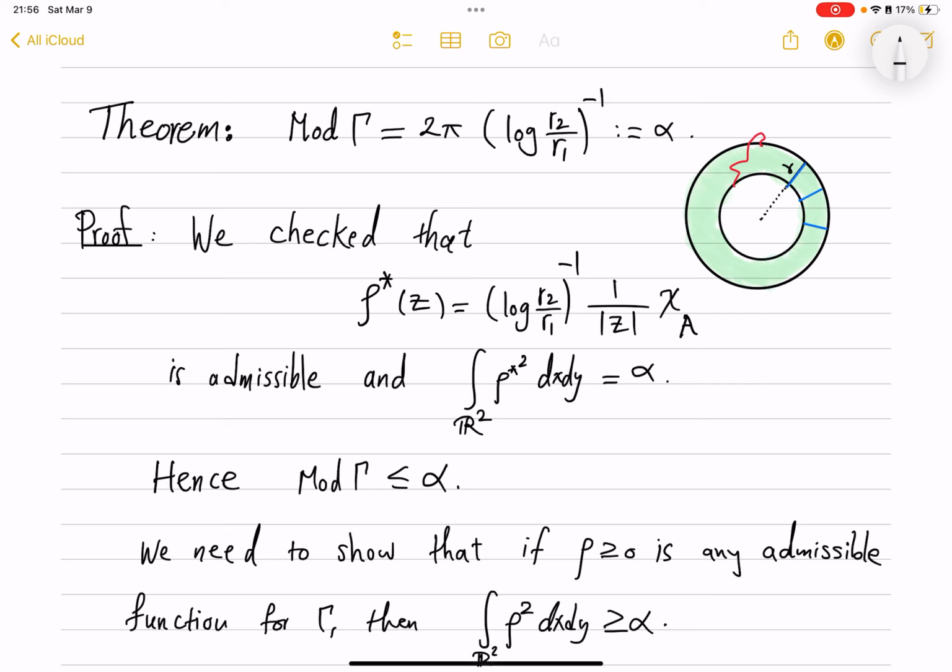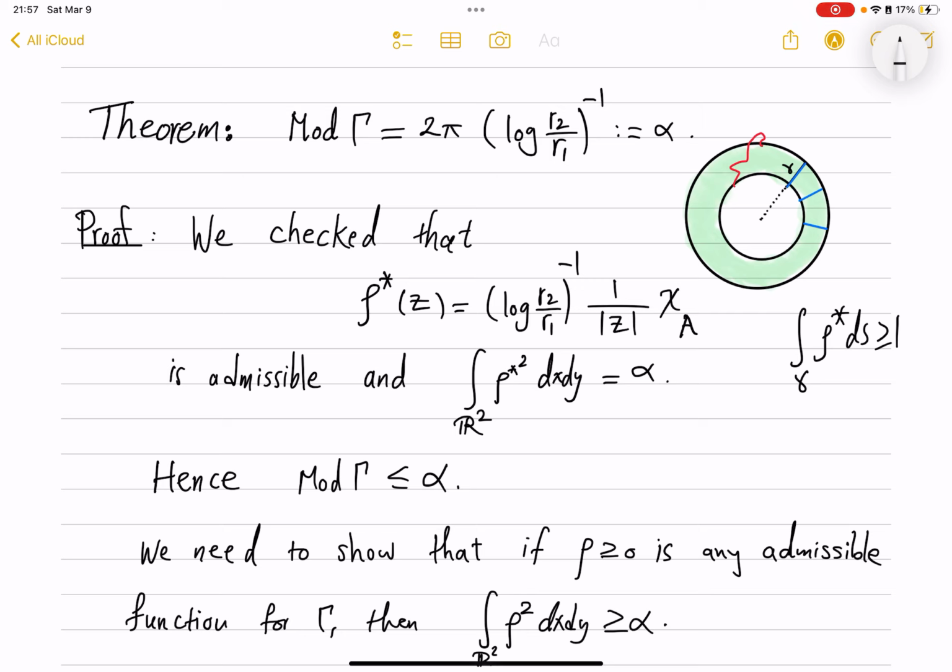In the previous lecture, we showed that this specific function rho star is indeed admissible by proving that when you integrate it along any curve in the family, the line integral adds up to at least 1. And we saw that this is not actually trivial. Indeed, that lecture is the most difficult part of this proof.